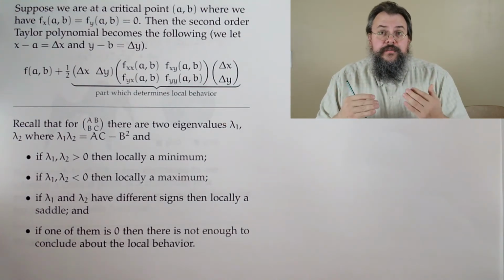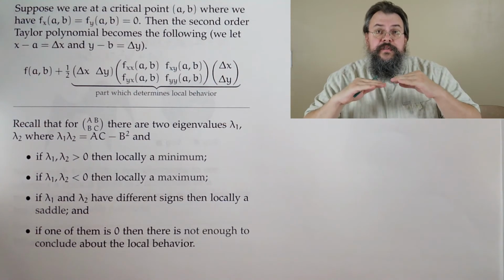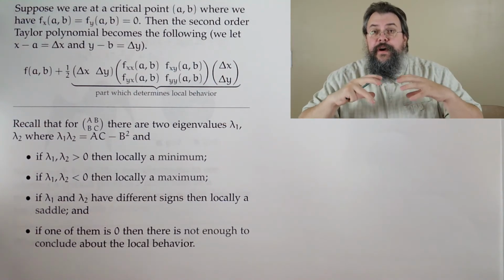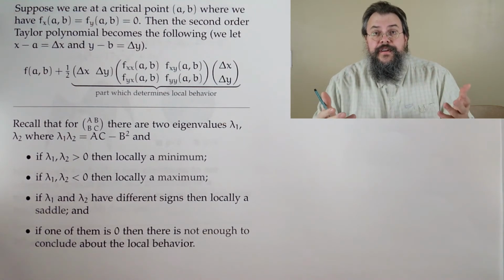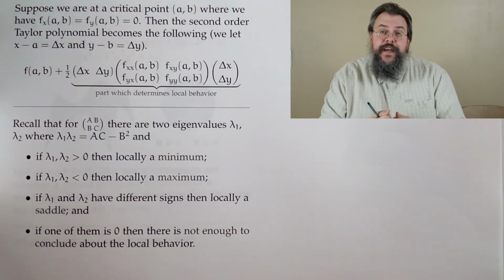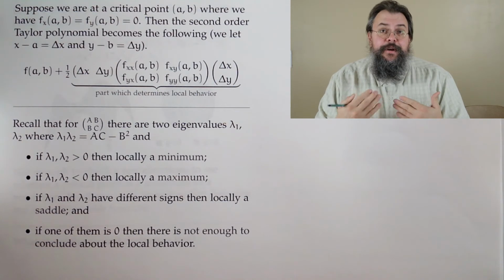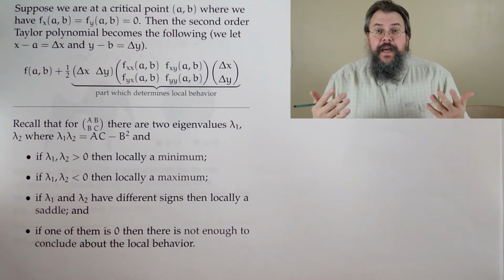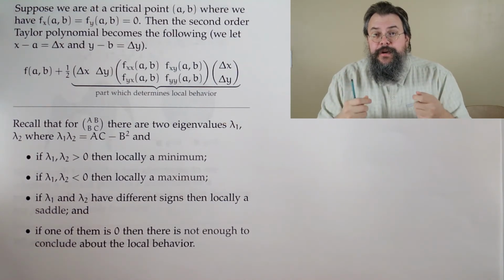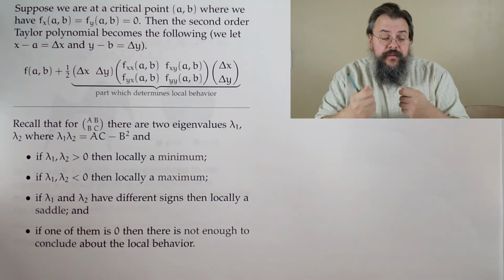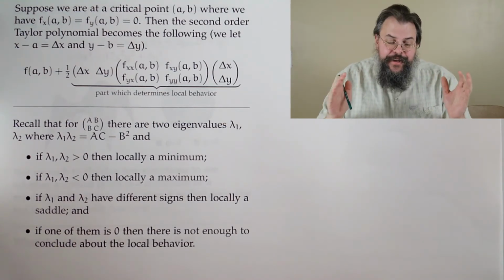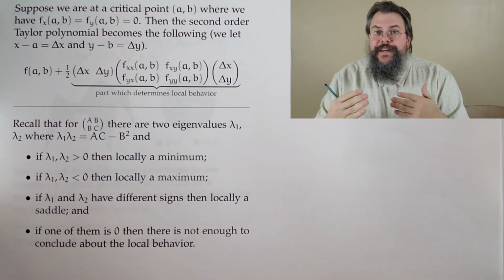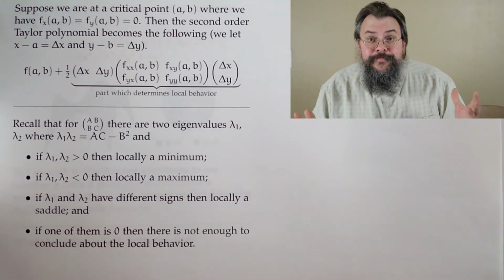So in other words, when the first derivatives are 0, the local behavior is being driven by the second derivatives. By understanding what the second derivatives say, we can get an idea for what the local behavior is. And in particular, we can answer the question, is this a local max or a local min? Great. Okay. So how do we do that without going crazy?